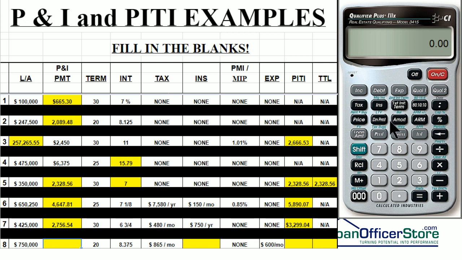Let's start out with the $750,000 on the loan amount. And we'll do the 20-year as a term. And then we'll do 8.375 as the interest rate.